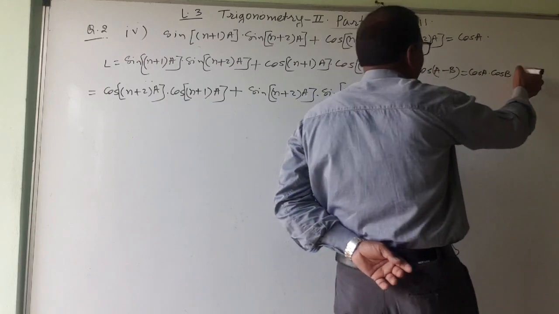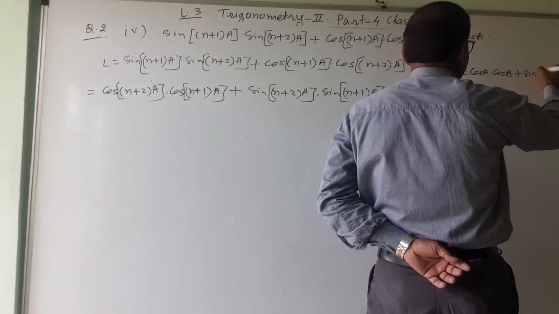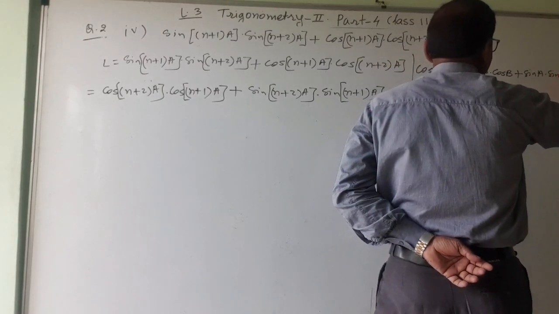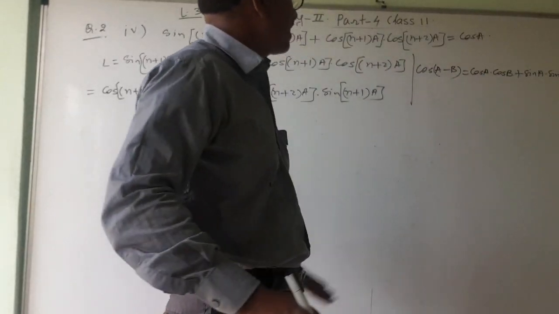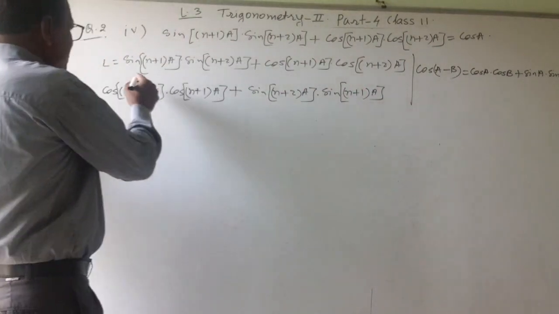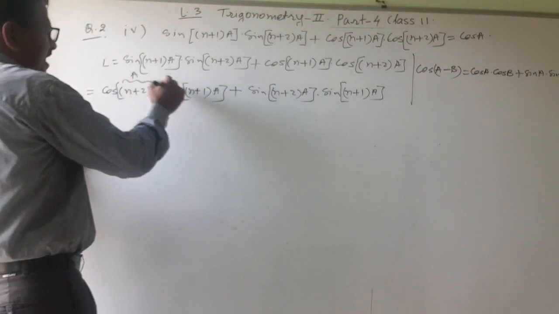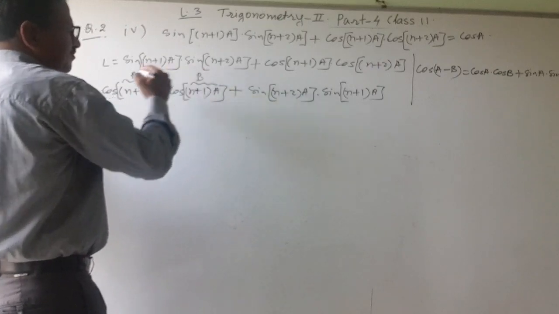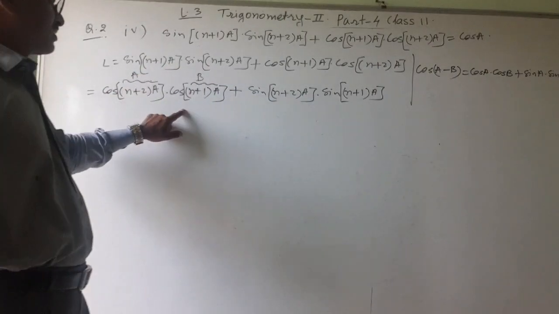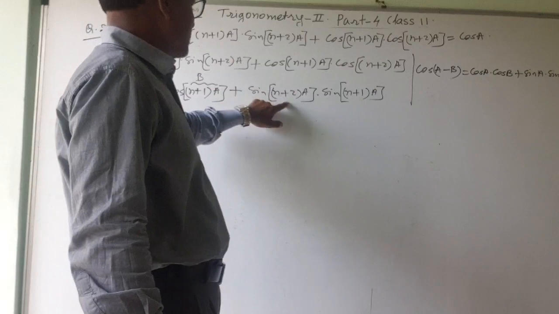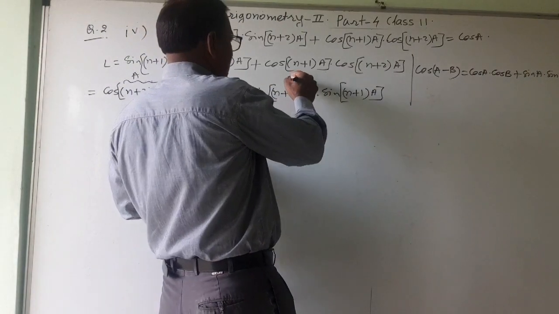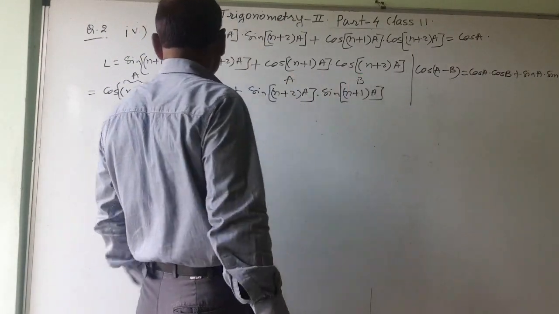If it is minus, it will become plus sin a into sin b. Exactly the same. This much is a and this much is b. Cos a cos b plus sin a sin b. This is your a and this is your b.